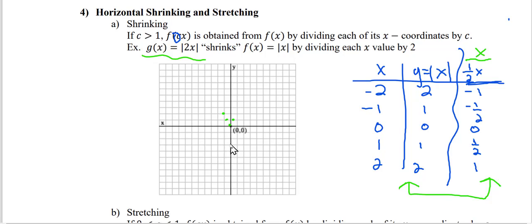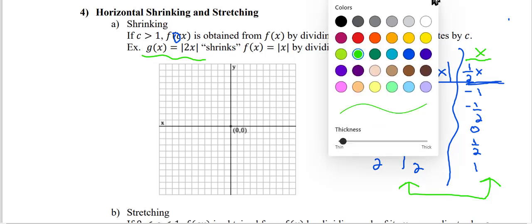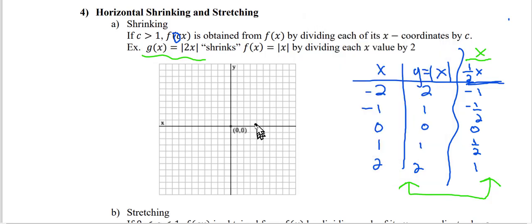You know what, let's do something different. Let's make the scale a little different so we can see this better. Let's go 1, 2, -1, -2, and the same up here.